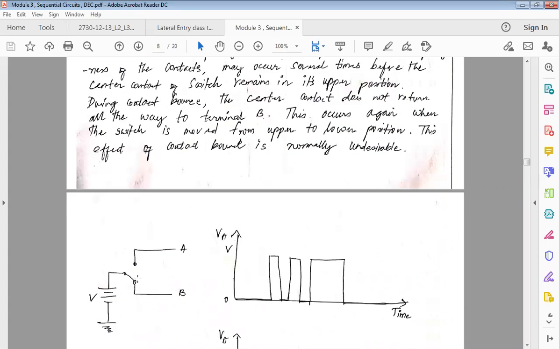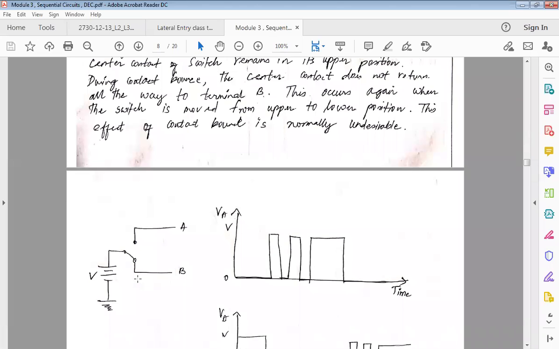The switch remains in the upper position. During contact bounce, the center contact does not return all the way to terminal B. Which means when I am trying to change the connection from B to A, when it bounces back, it's not going to come and touch this terminal.